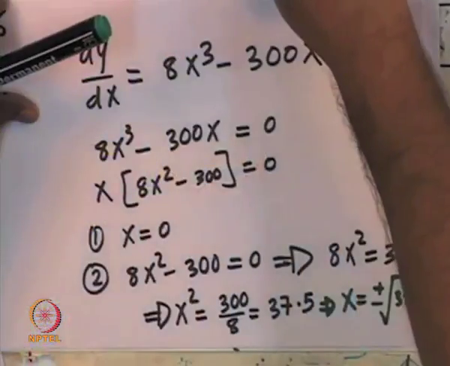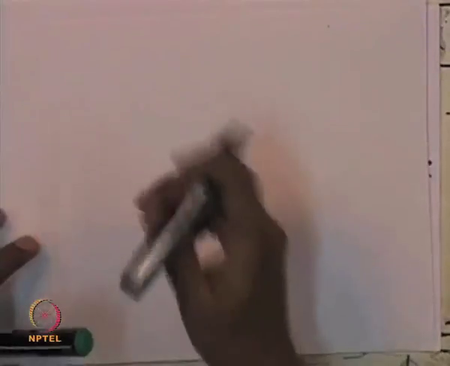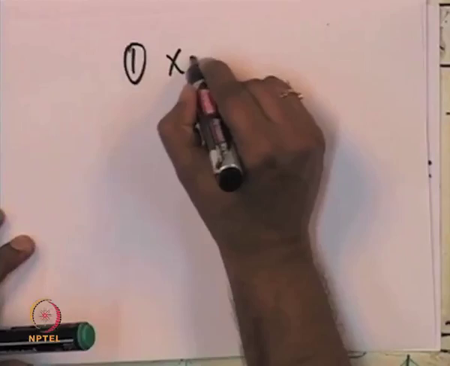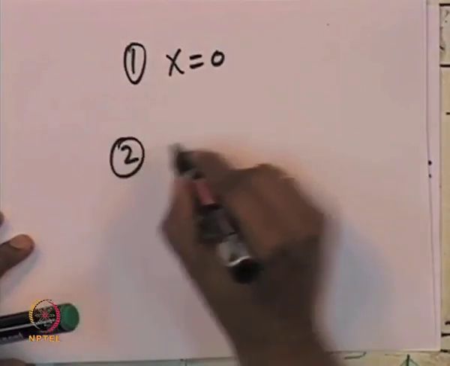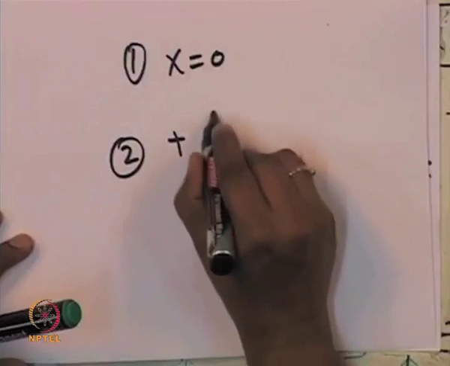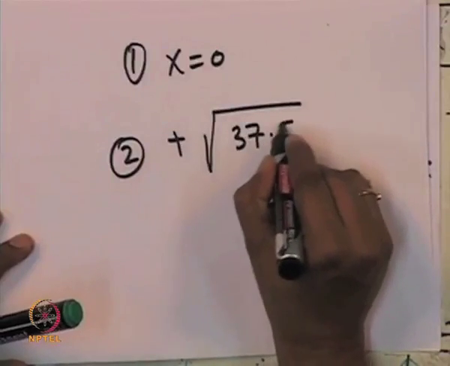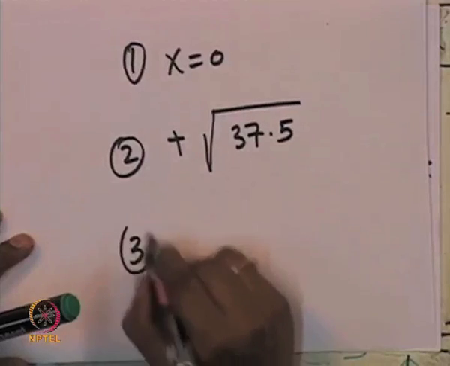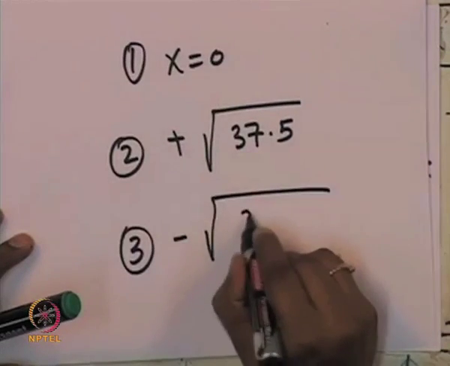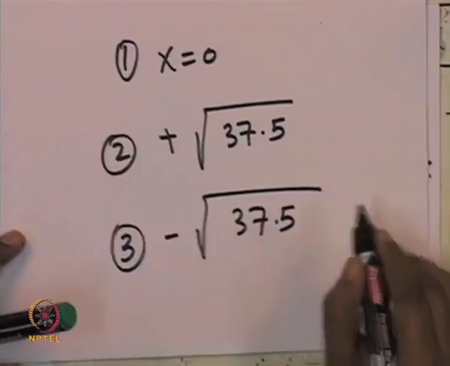So, we found three things here. What did we find? One possibility is x equal to 0, the second possibility is plus root of 37.5, third possibility is minus root of 37.5.